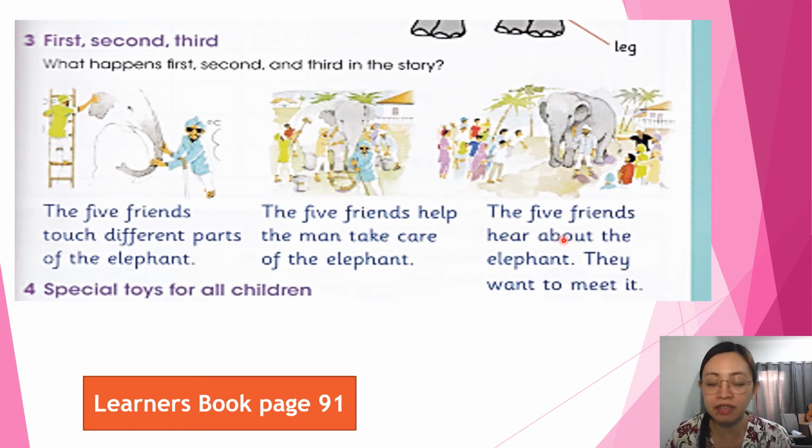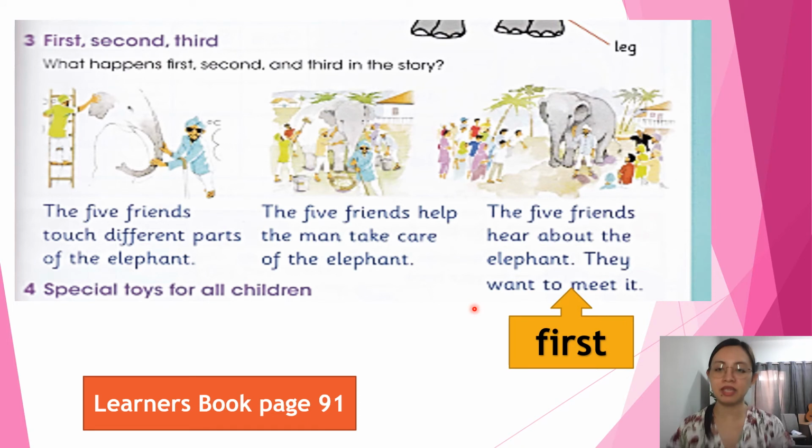The 5 friends hear about the elephant. They want to meet it. Okay. So, which do you think is the first, second, and third part of the story? Remember, first is number 1, second is number 2, and 3 or third. Okay. Now, which one is the first?